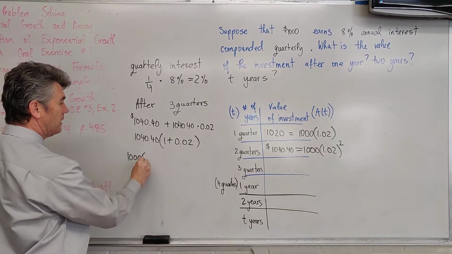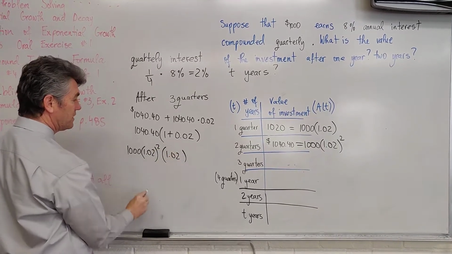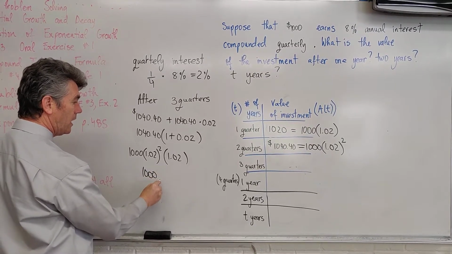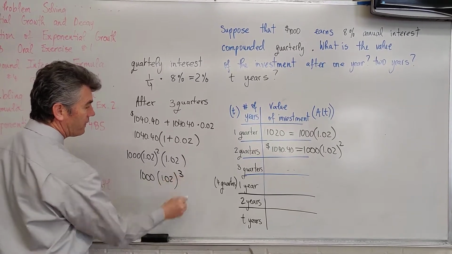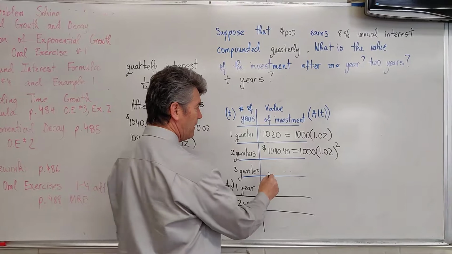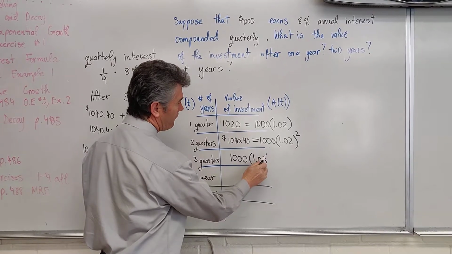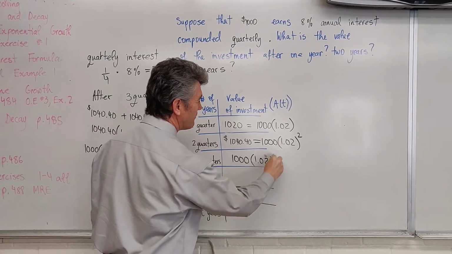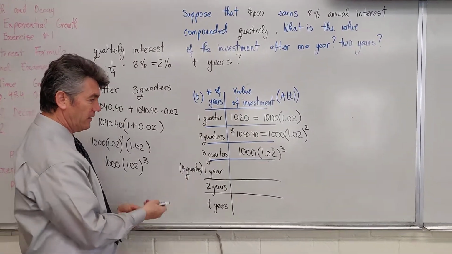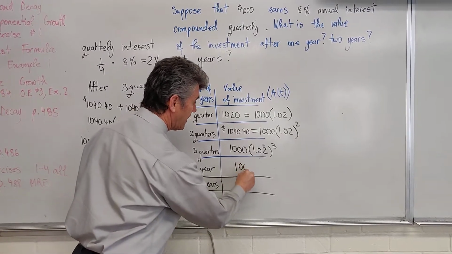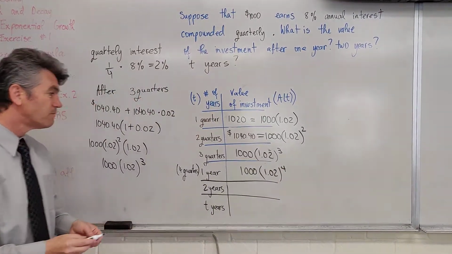So 1,000 times 1.02 squared times 1.02, this becomes 1,000 times 1.02 raised to the power of 3. Okay? In 1 year, there's 4 quarters. If we continue the pattern, this is 1,000 times 1.02 raised to the 4th.